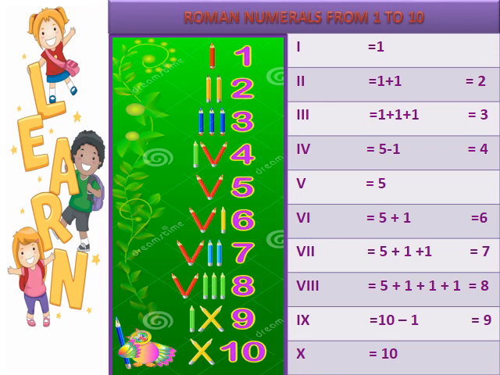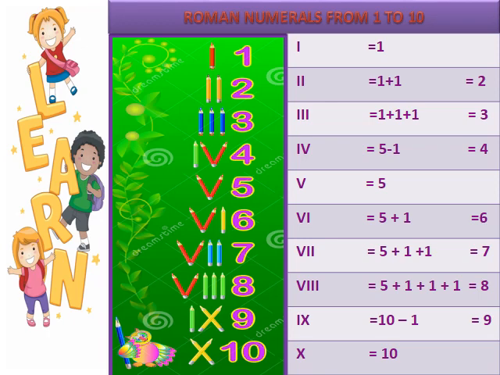III is equal to 1 plus 1 plus 1 is equal to 3. IV means 5 minus 1 is equal to 4. V stands for 5. VI means 5 plus 1 is equal to 6. VII means 5 plus 1 plus 1 is equal to 7.